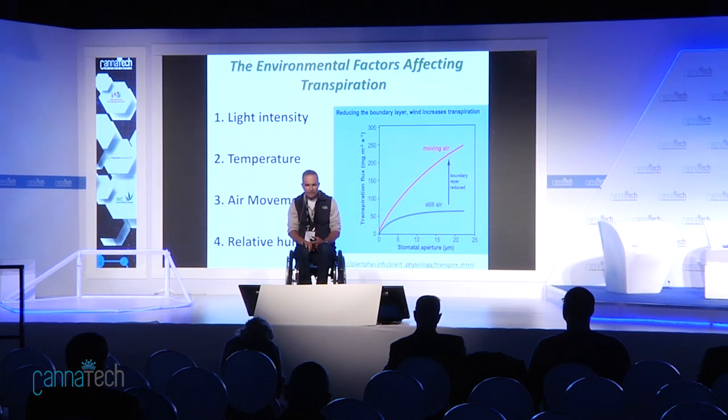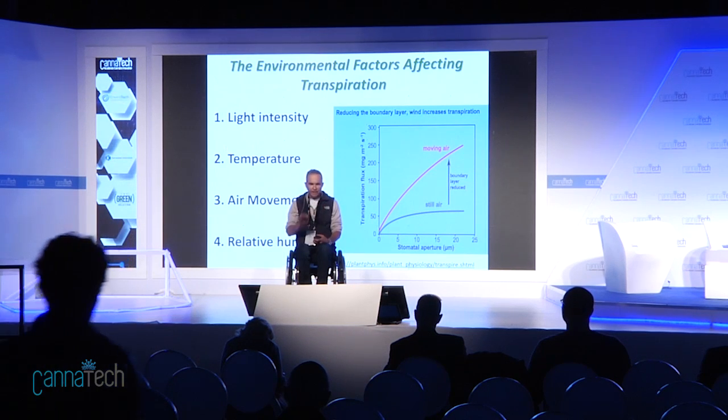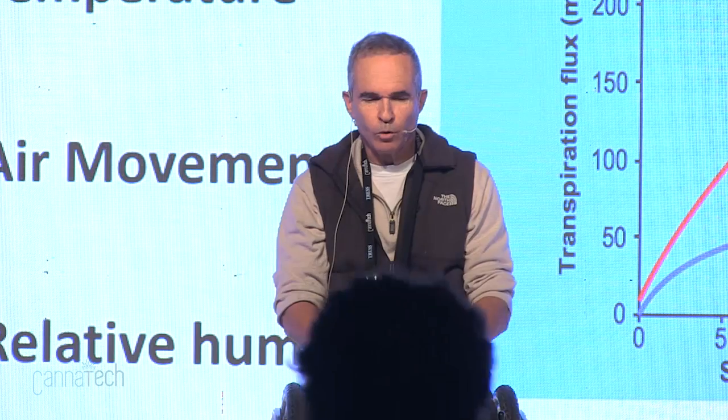The boundary layer is a thin layer with very high humidity. So when we take this layer out, the transpiration is rapid, but it's important because sometimes it's not allowed to have a film of free water sit on the leaves. So it's very important. And of course, the relative humidity.